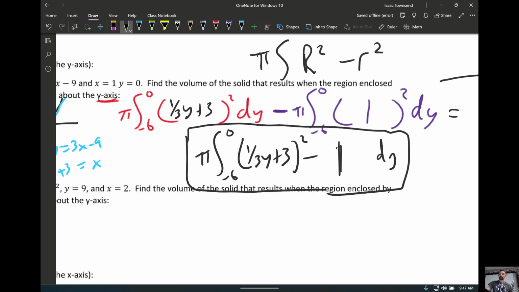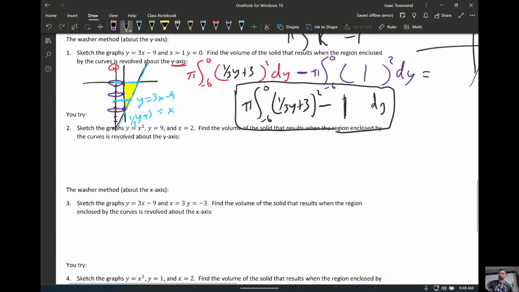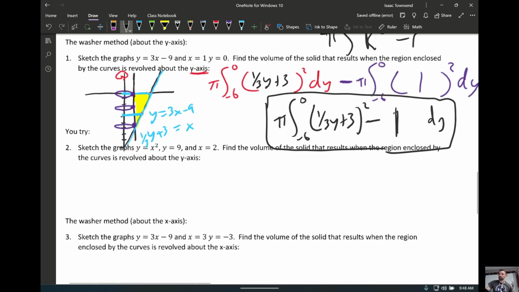So again, if you lean on this format, it's harder than the disk method because you've got to find 2 radiuses, but otherwise you're just subtracting them. Okay, so the next one is around the y-axis, so go ahead and try that and see how close you can get with just a minute or two.